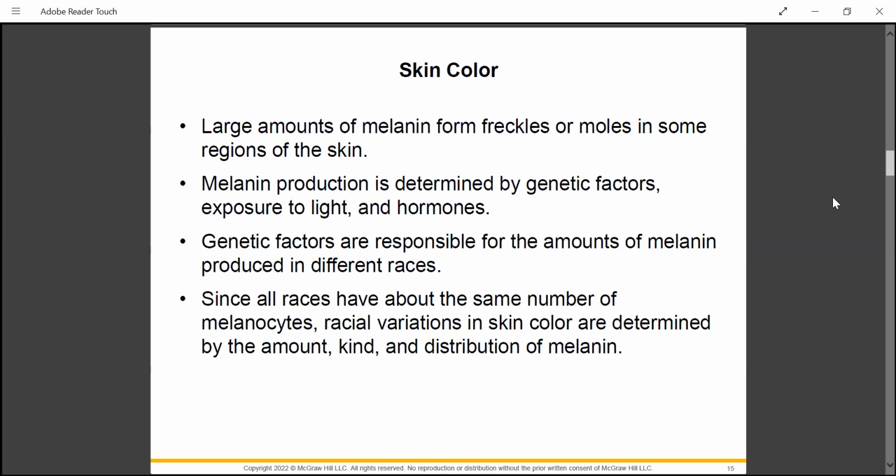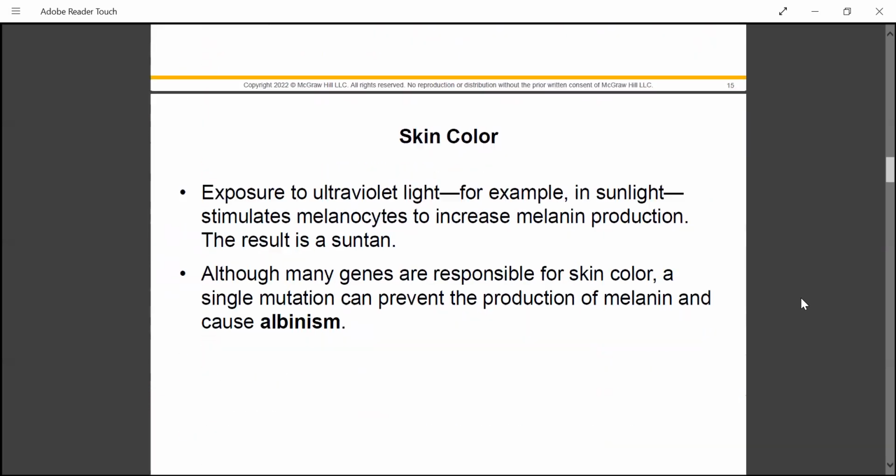So let's say we all have 1,000 melanocytes in our skin, but person A's melanocytes only produce 1 unit of melanin per minute, whereas person B's melanocytes produce 10 units of melanin per minute. So of course, person B is going to end up having more melanin and darker skin, even though person A and B have the same amount of melanocytes. So it depends on their actual activity more than the number.